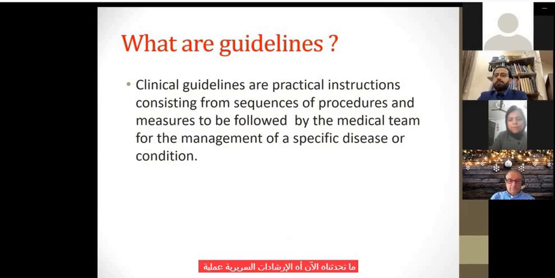Clinical guidelines are practical instructions. They consist of a sequence of procedures and measures to be followed by the medical staff for the management of a specific disease or a condition.